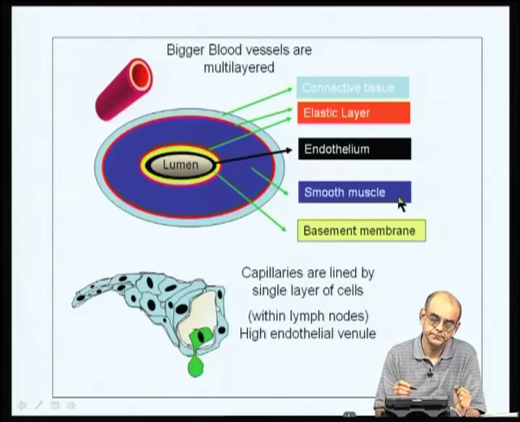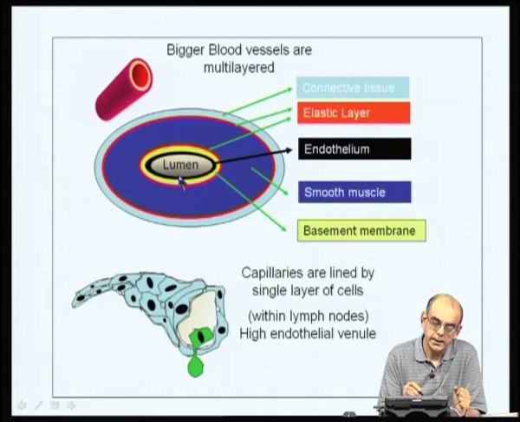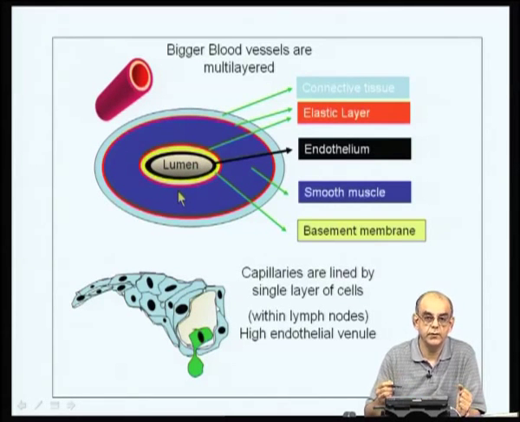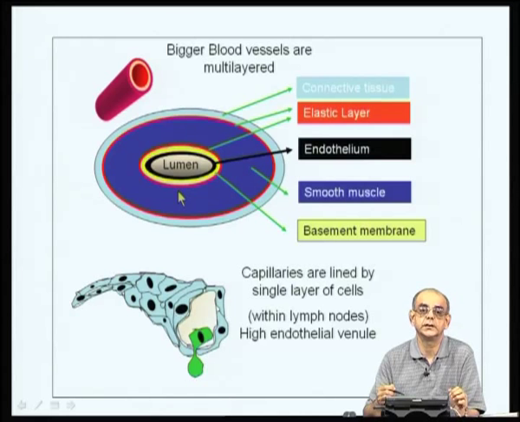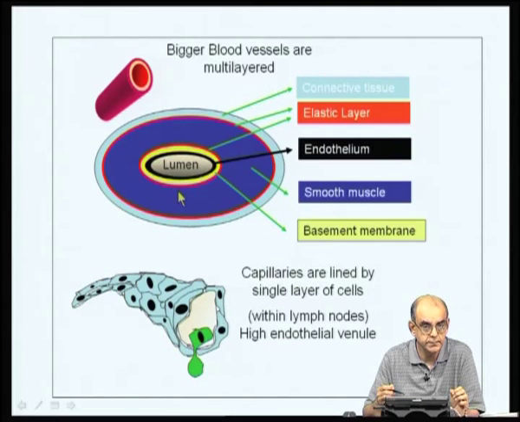Suffice it to say that this endothelial layer is what lines this lumen, and it is through this lumen that the blood is flowing, and the blood consists, as all of you know, of lymphocytes, whether B lymphocytes or T lymphocytes, or for that matter dendritic cells or antigen presenting cells, in addition to various other kinds of hematopoietic cells.